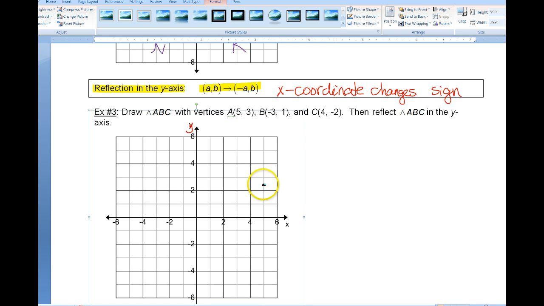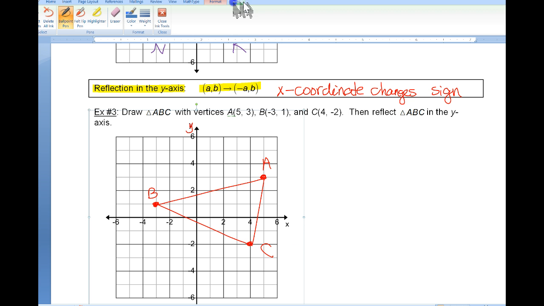So we have 5, 3. Isn't this just the same thing sideways? Yep. So here's A. Oh, never mind. So negative 3, 1. Here's B. And 4, negative 2. Here's C. Okay.